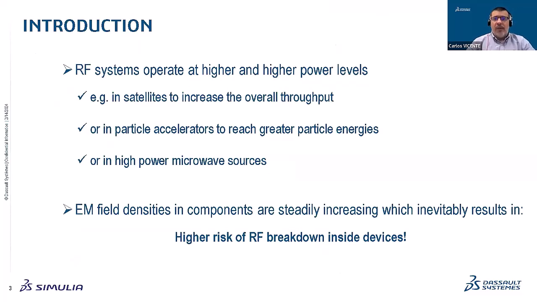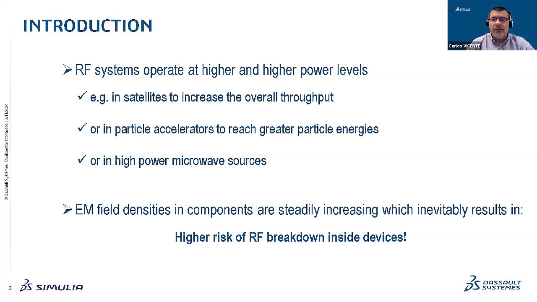Just as an introduction, you know that as time goes by, systems are required to operate at higher and higher power levels. Examples of such applications are satellites, to increase the data transmission rate, accelerators, to increase the particle energy, and of course high power sources that are serving these applications.